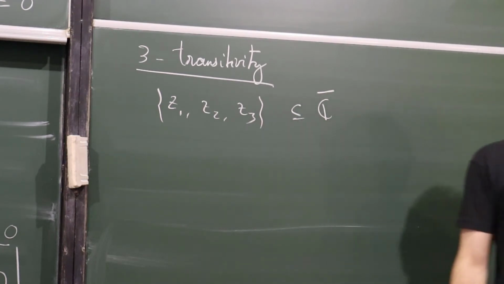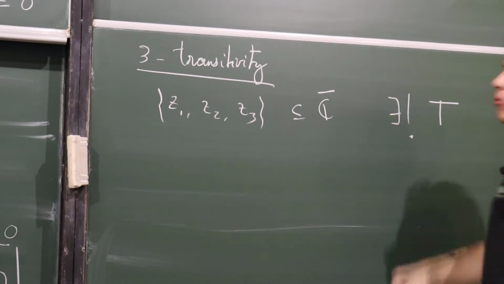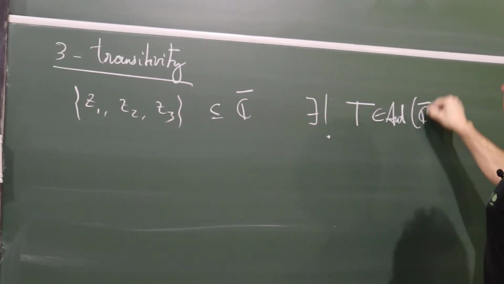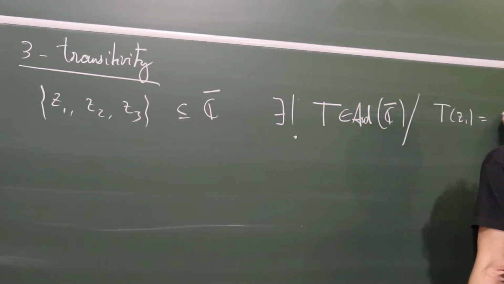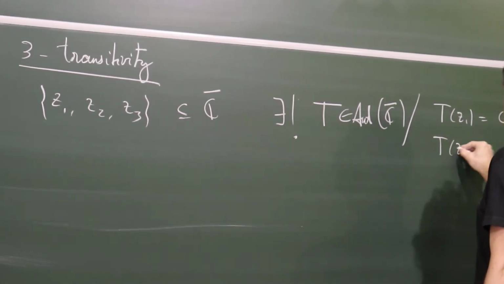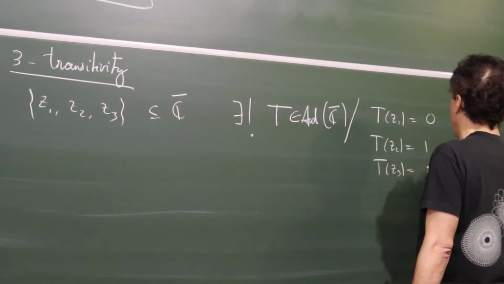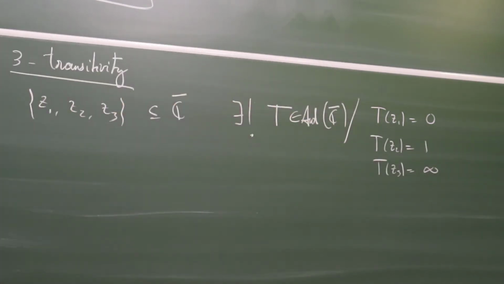There exists exactly one Möbius transformation such that T of Z1 is 0, T of Z2 is 1, and T of Z3 is infinity. So we can take any three points by a unique Möbius transformation to 0, 1, and infinity respectively.